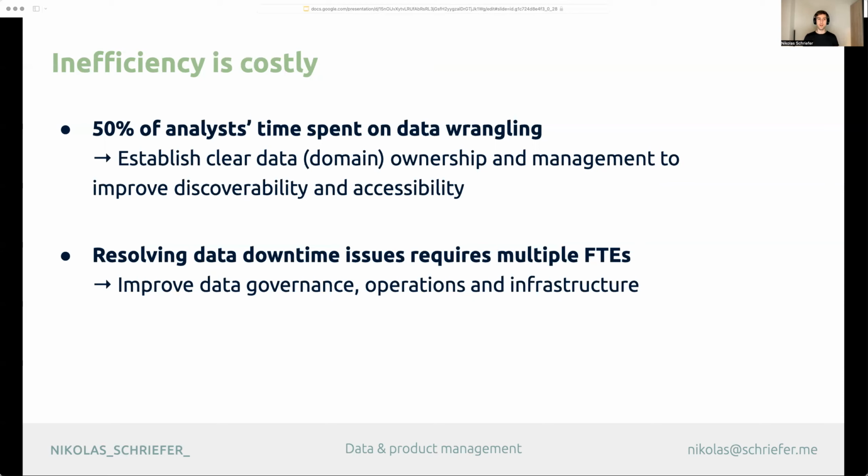And here we already hinted at some ways to counter that by having clear ownership in a decentralized fashion. And on the other hand, also have a more global governance, operation, and infrastructure layer, which is something that we'll get to when talking about the solutions or what the data mesh allows us to do.